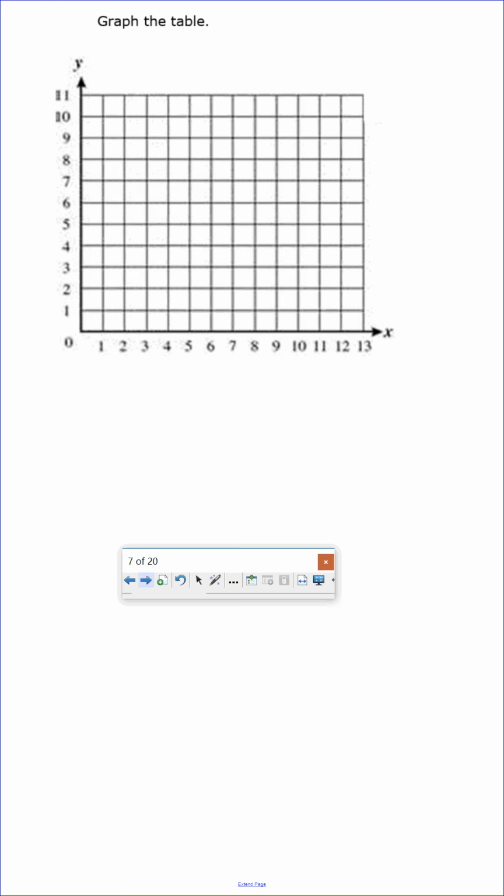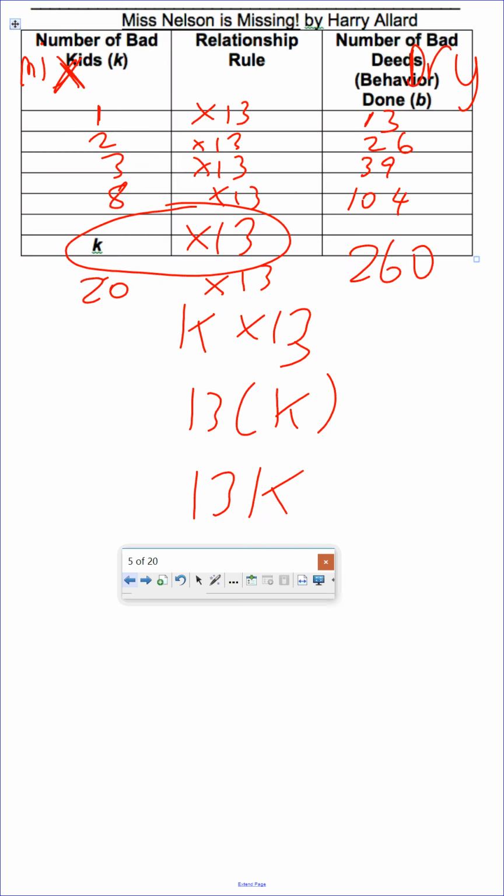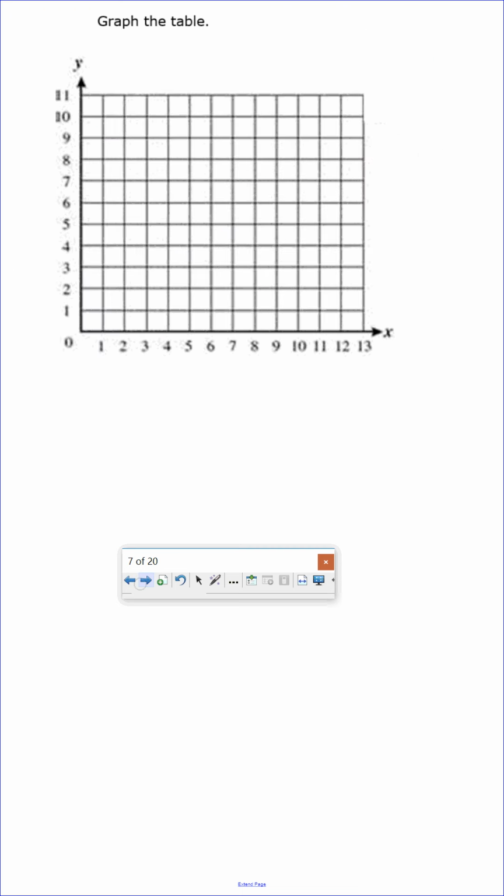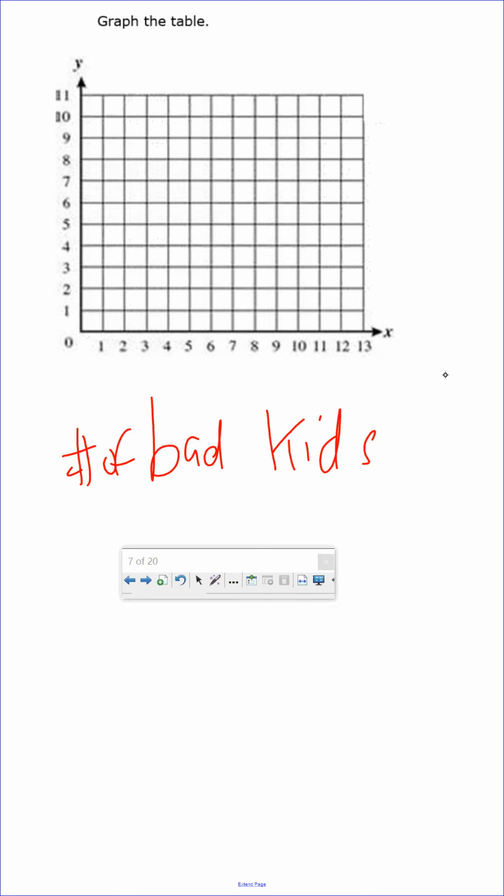Next part, graph it. All right, let's graph this. This is x and y. x is bad kids. We have to label first. So these are the bad kids, or the number of them, and this will be bad deeds.